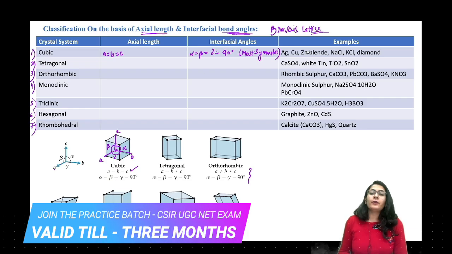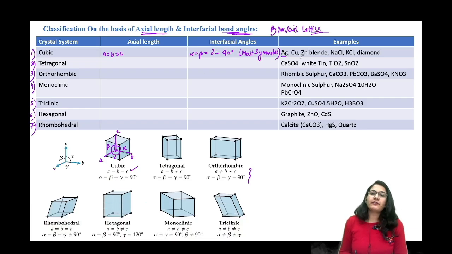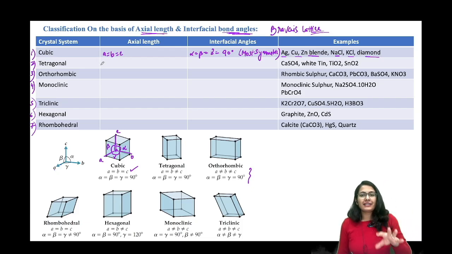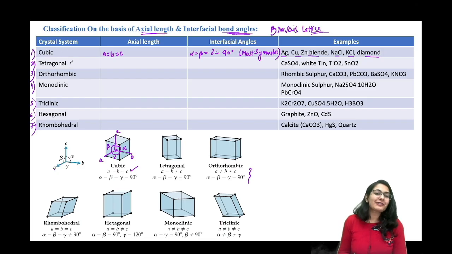Okay, so for example, you have silver, copper, zinc blend, sodium chloride, potassium chloride, diamond. All of these are cubic system. In our syllabus we are only going to talk about cubic only, but anyways let's move onwards to tetragonal.